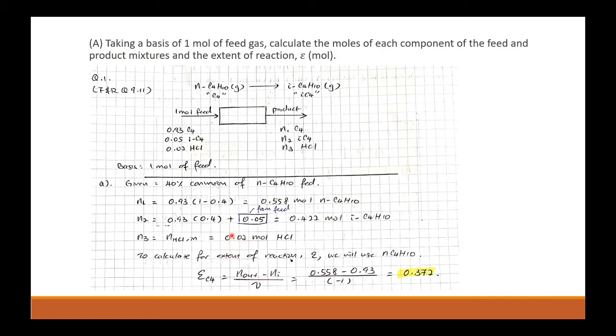To calculate the extent of reaction, we use NC4H10. The extent of reaction is N out minus N in over the stoichiometric coefficient, which is -1, which leaves us with 0.372.